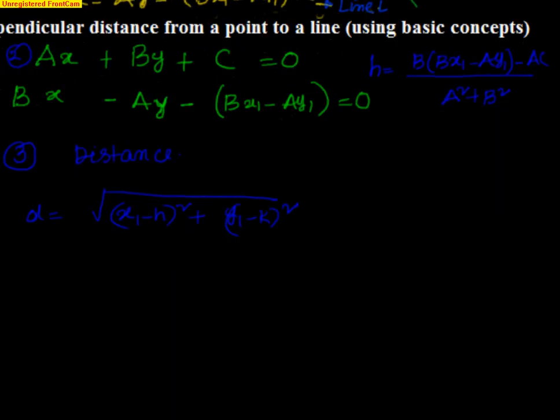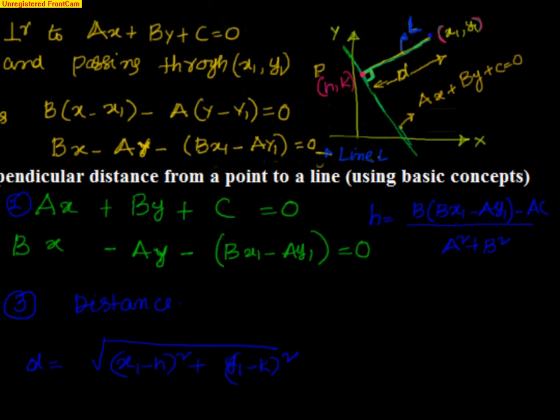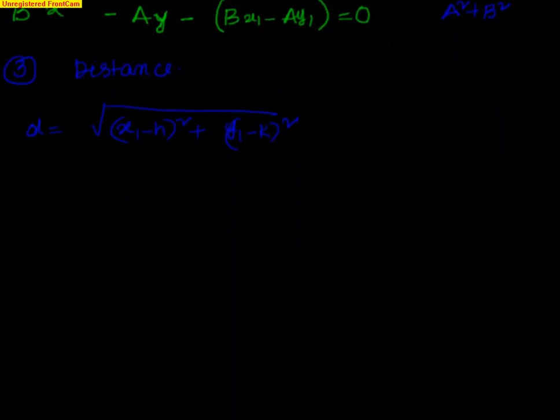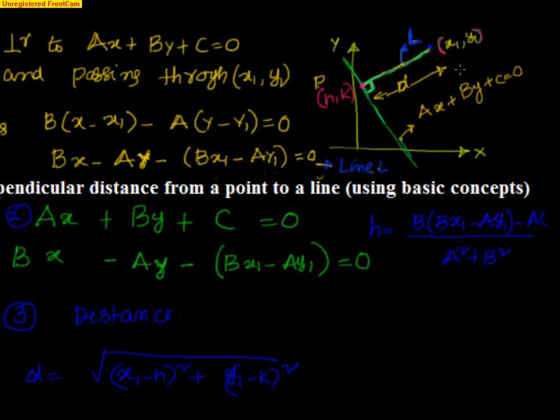And also we know another formula, right? We know that slope is nothing but equal to delta y by delta x. So what is the slope of our perpendicular line? You have 2 points, right? Y1 minus k by x1 minus h.